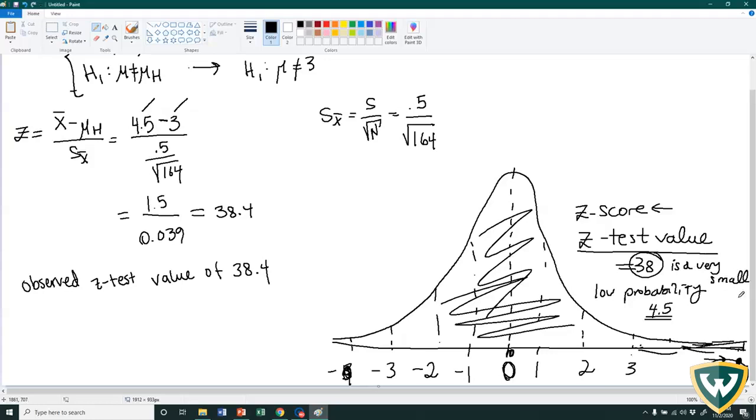Because it's a very small chance, we feel confident enough to reject the null. So when we get a z observed that is larger, in absolute value terms, than the critical z, we reject the null.